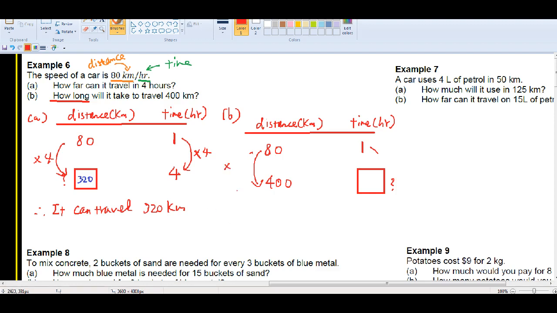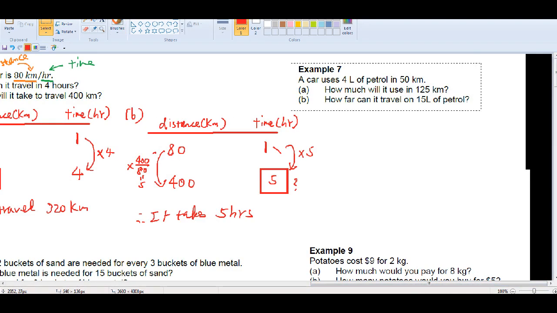If you can't do it by heart, you can always do 400 divided by 80, which should be 5. So you need to times 5 to get to 400, right? So on this side, you are going to times 5 as well. So it should be 5 hours. So the answer, it takes 5 hours.